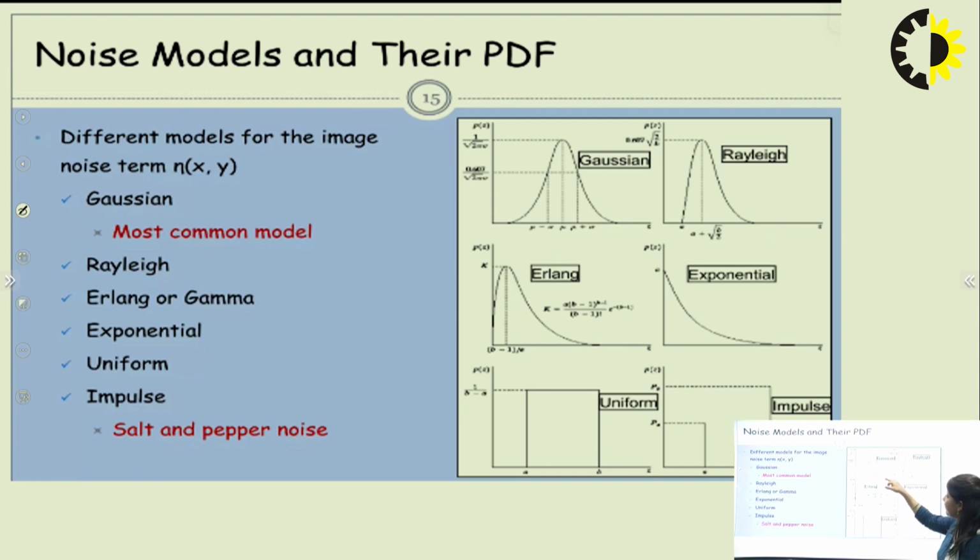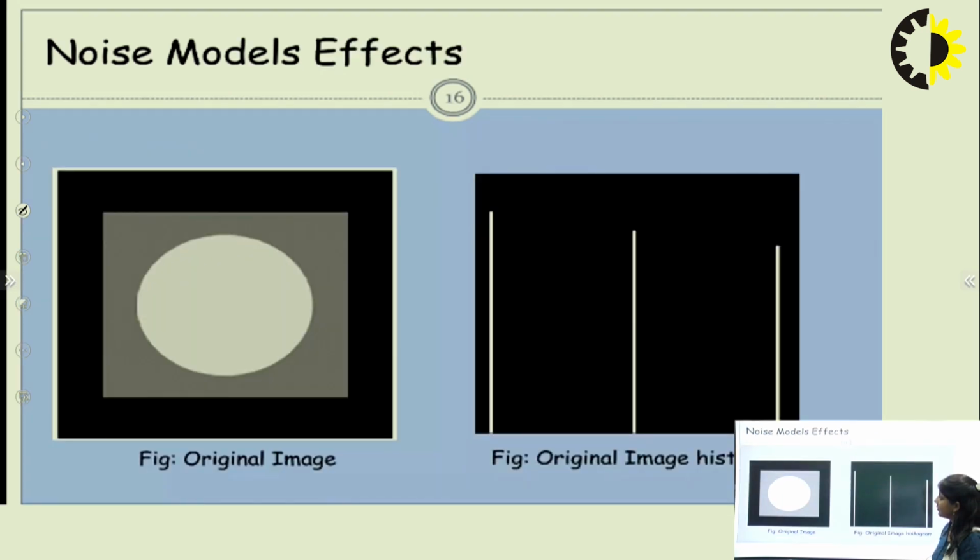So this is a curve for Gaussian noise, this is Rayleigh noise, this is gamma noise, and this is exponential noise. Uniform noise is one kind of noise where the noise increases, at the maximum point it stays constant, and at point B it decreases. And this is the impulse noise. So these all are called noise models.